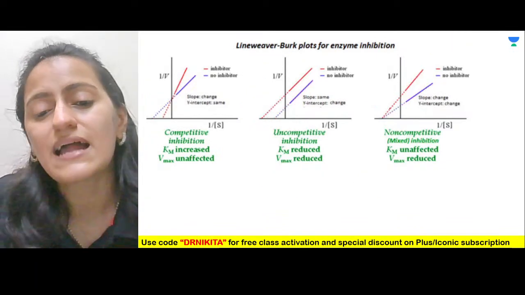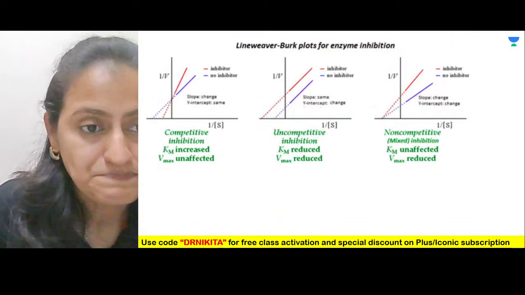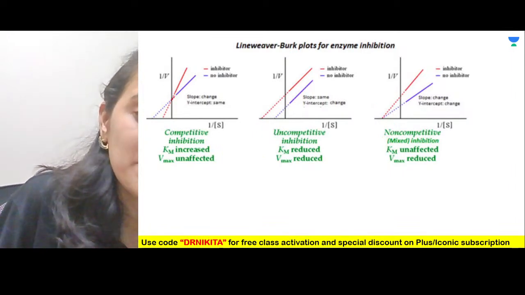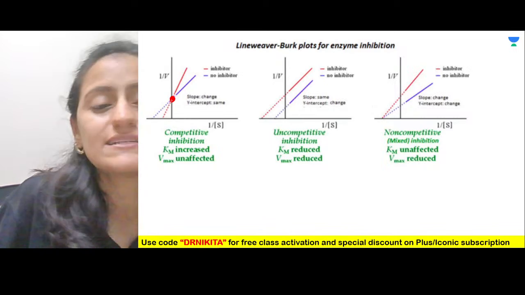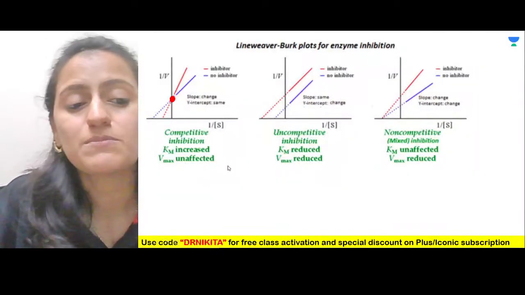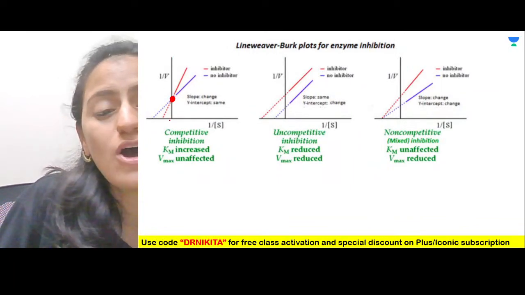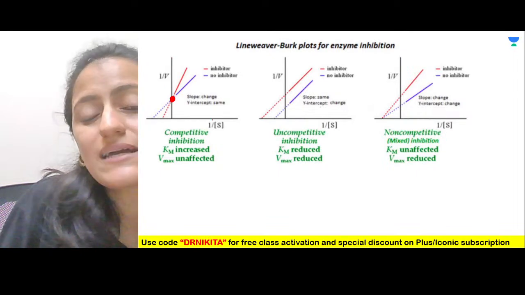So what does this graph indicate? Why in competitive inhibition do you see the crossing of the lines? What is the concept here? You are also asked, in Lineweaver-Burk plots, the double reciprocal plot, what is along the y-axis and what is on the x-axis.